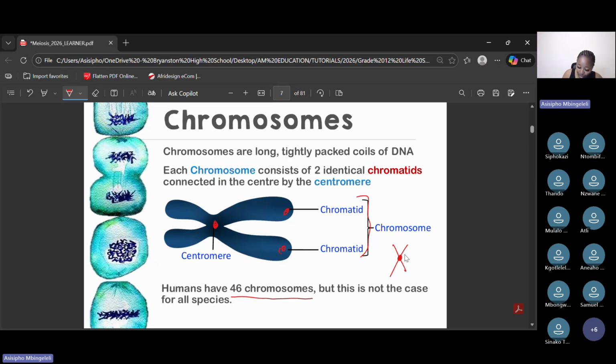You need to draw a nice shape of a chromosome. It doesn't have to be perfect, but you're showing that these are threads and then there is a dot in the middle. And X is not going to cut it. Even if your X looks like this. If your X looks like this, and then you have a big dot there, wrong also. You will be penalized for it. So please make a note. You need to learn how to draw the chromosomes.